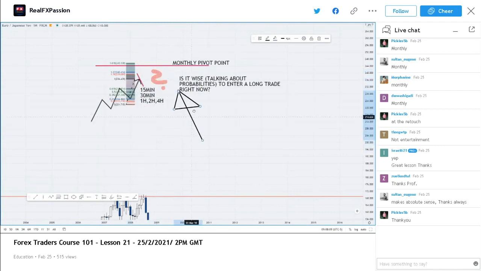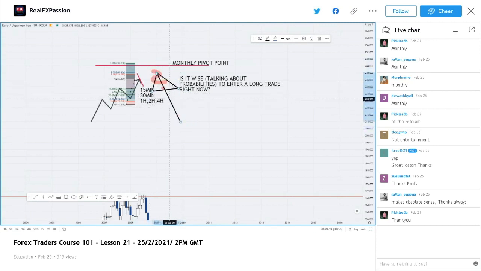Everybody, from the previous lessons, how do pivot points work? Remember? What is going to happen most likely, not always, when the market hits the ceiling?